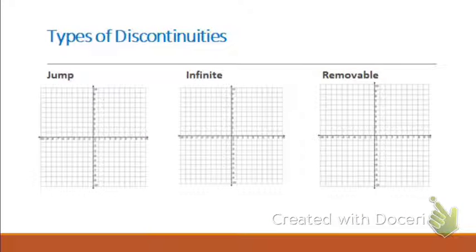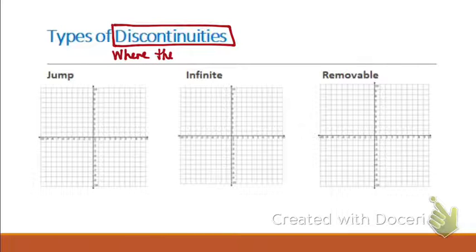Discontinuities. Big word. Horribly large word. Discontinuities are where the graph is not continuous or connected.